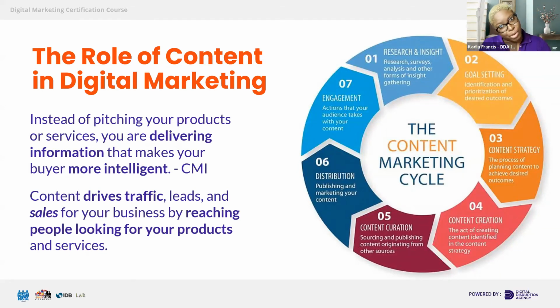So this is kind of the process. It's an example of a process, but I think this is a good cycle for you to follow. It always starts with research, then setting the goals, aligning it with your digital objective, creating that strategy, then moving into execution, which is the creating of the content or sourcing content, distributing the content, and of course, if content is king, engagement is queen, because content without any engagement is useless. Absolutely useless. Okay?